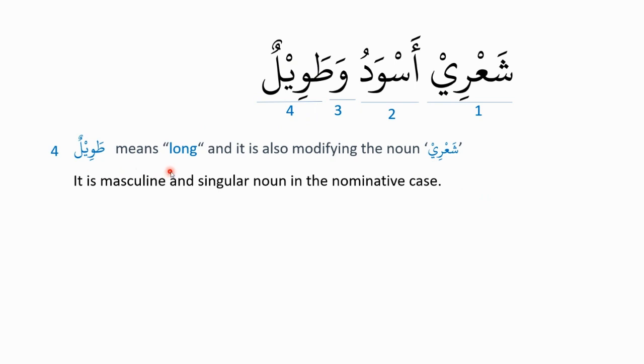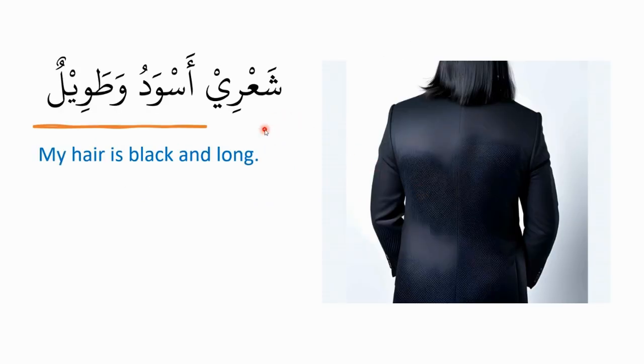Tawil means long, and it is also modifying the noun sha'ri. Tawil is a masculine and singular noun in the nominative case. So, sha'ri aswad wa tawil means my hair is black and long.